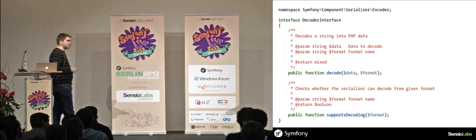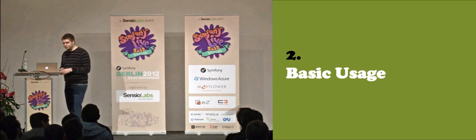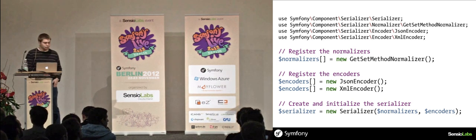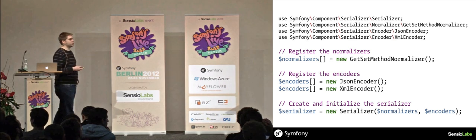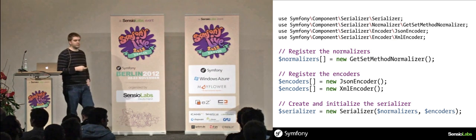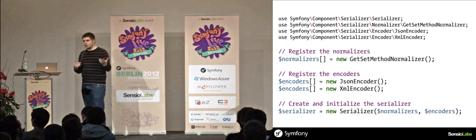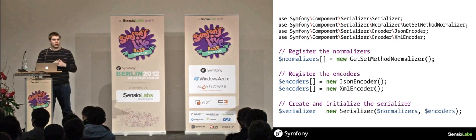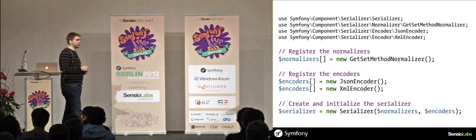If you want to use this serializer component, you first have to instantiate the normalizers. You have to define the set of normalizers, and by default the component provides a GetSetMethodNormalizer, which means that when you pass a PHP object to the serializer, it will use the getter and setter methods to read and write your PHP object.